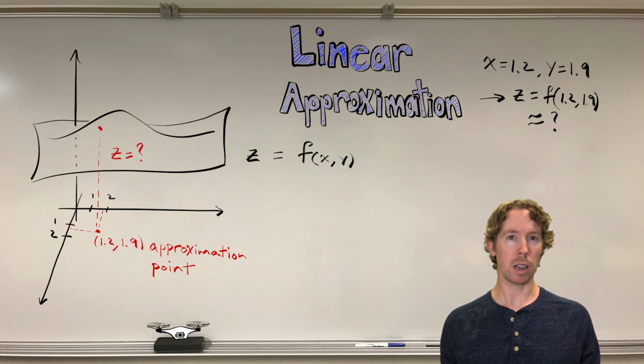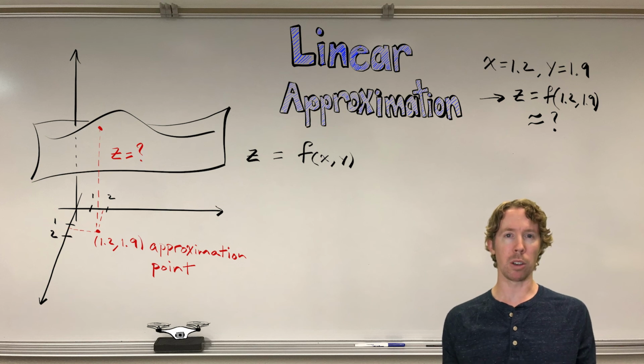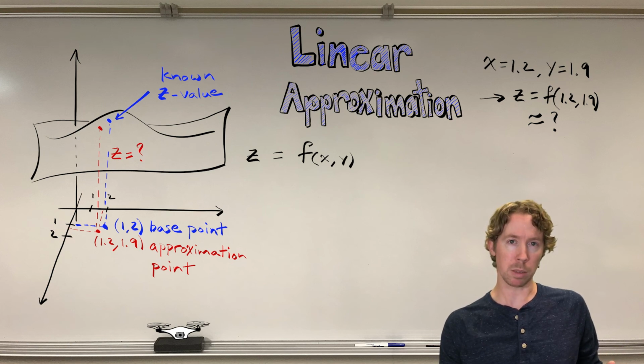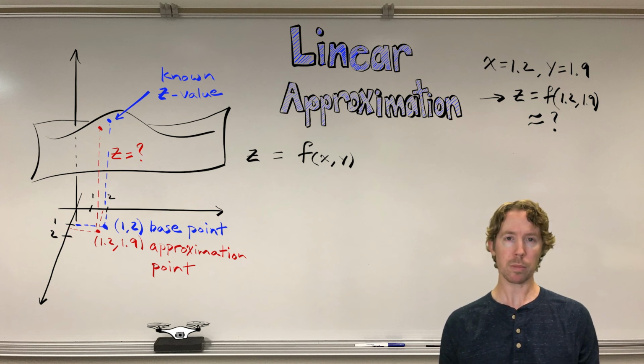So let's just pretend that we know the z value on that curved surface at x equals 1 and y equals 2. That's pretty close to our original point, and this is a common thing that you need to require for an approximation setup. You have to have some sort of base point from which to make your approximation. So ours is going to be at 1, 2.